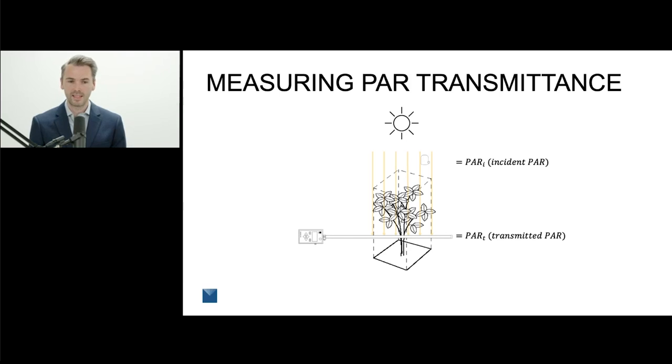So this particular version has 80 different PAR sensors on it to give you an integrated signal. You also need something to measure the above canopy light, and so I've shown that here with a single PAR sensor.